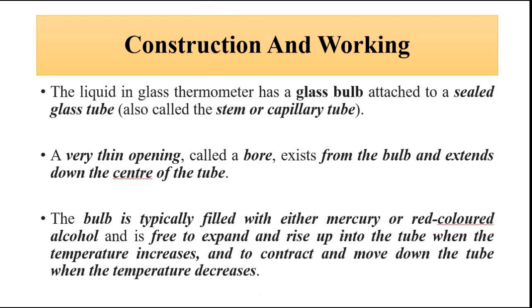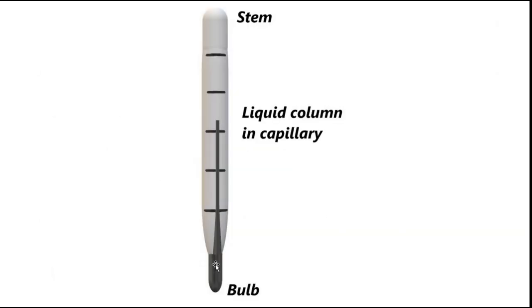And there is a thin opening in the bulb, which is called the bore here. It is on the inside, a thin opening which allows this liquid to rise up because of thermal expansion and go down when it contracts.